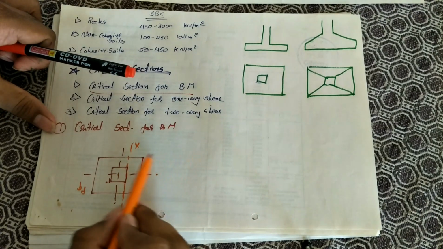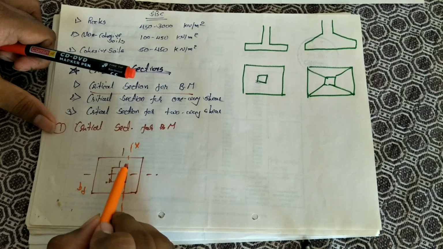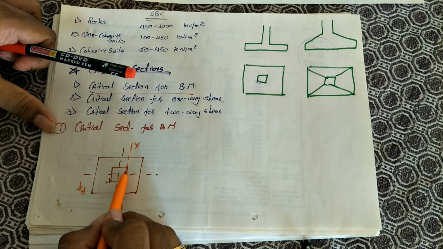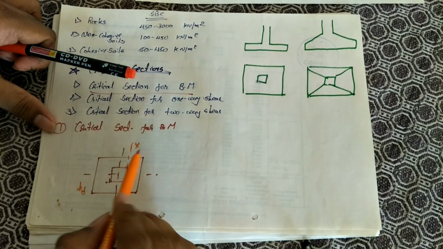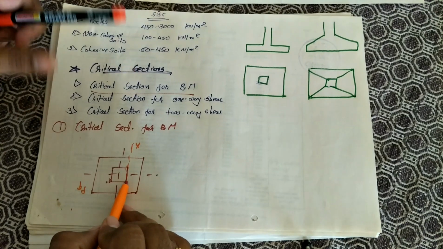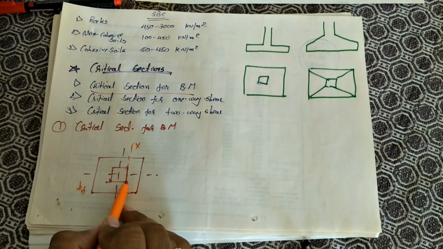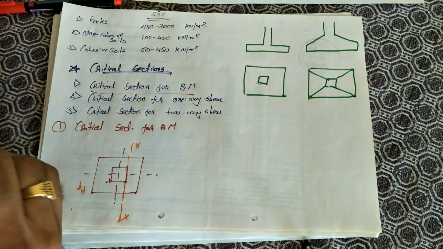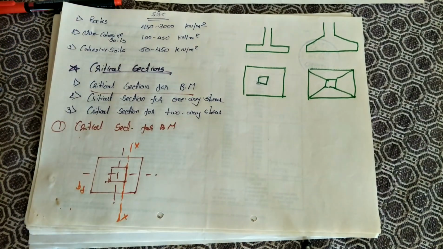So in an example, this will be very clear to you, how we can do this check. Critical sections for bending moment we have to consider at the face of the column. In XX and in YY direction we have to calculate the moments, and the higher value of bending moment we have to use for the design.